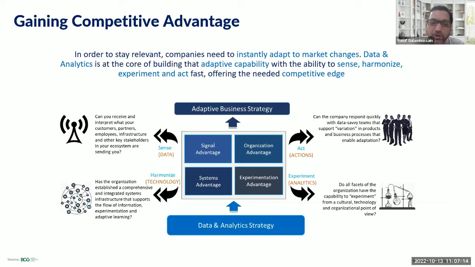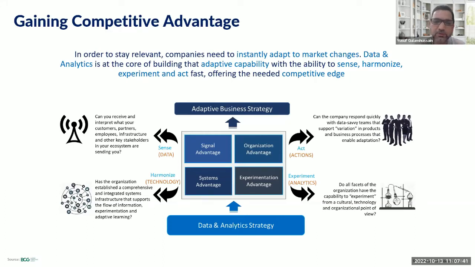And at the core of it, what drives this whole strategy is a solid and robust data analytics ecosystem. So essentially, it's about technology coming together in order to solve business problems using data and analytics. And that, in essence, is the transformation that companies are adopting in the post-COVID world.